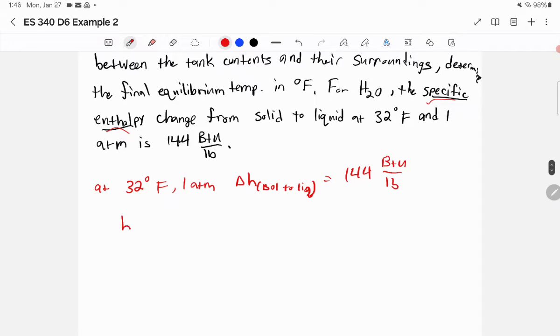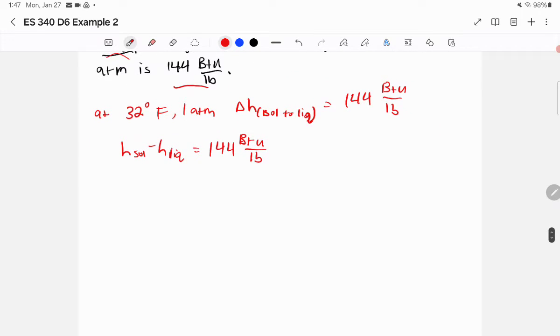That is H solid minus H liquid is equal to 144 BTUs per pound. That's what this is saying right here. So we have to figure out how we get to delta H here first.